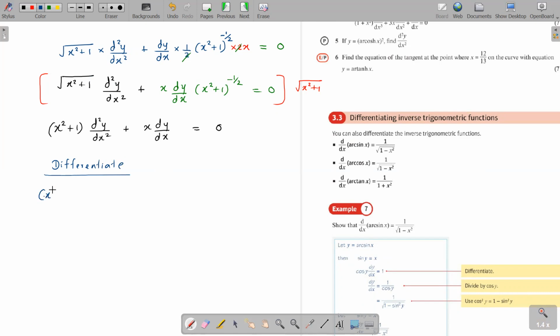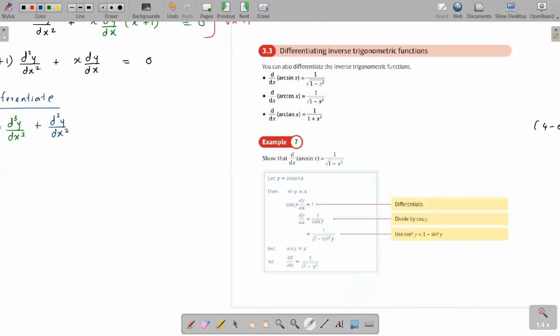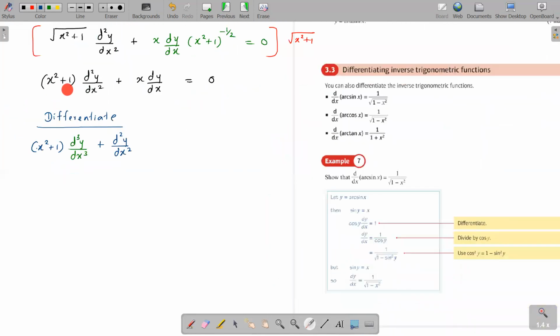X square plus 1 waits while d square y by dx square differentiates to give us d cube y by dx cube. Okay, now plus the d square y by dx square is waiting now. In the product rule, this guy waits while the x square plus 1 differentiates. So what do you get for the differentiation of x square plus 1? Simply 2x.